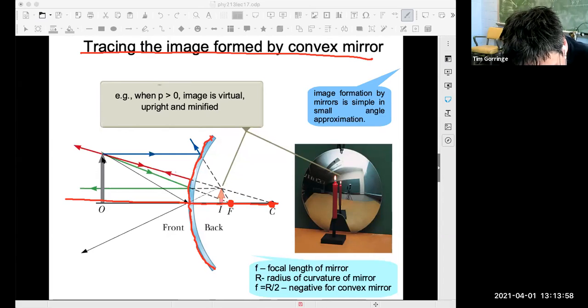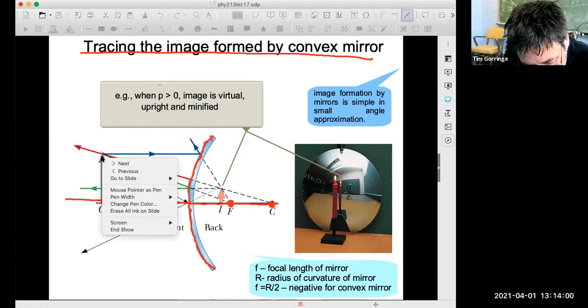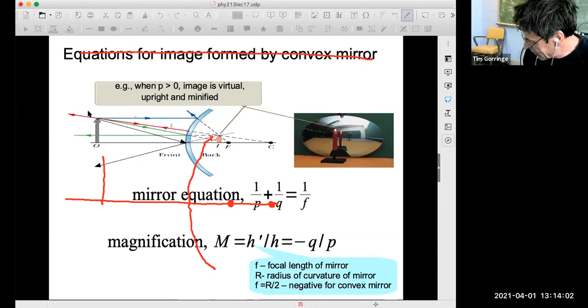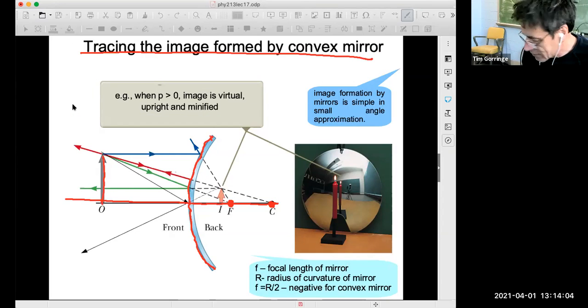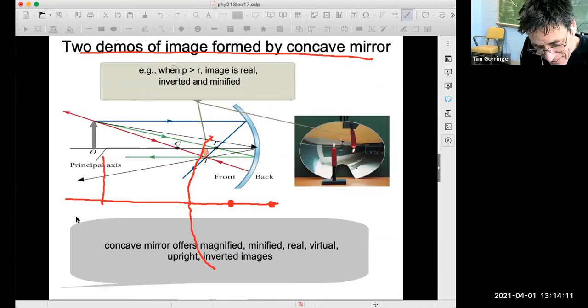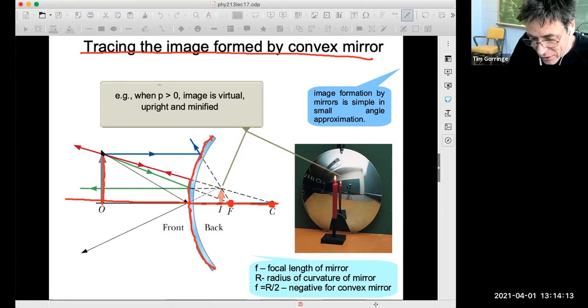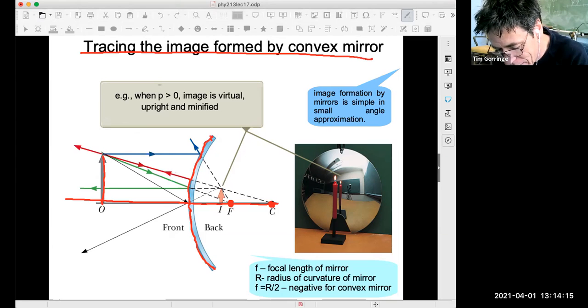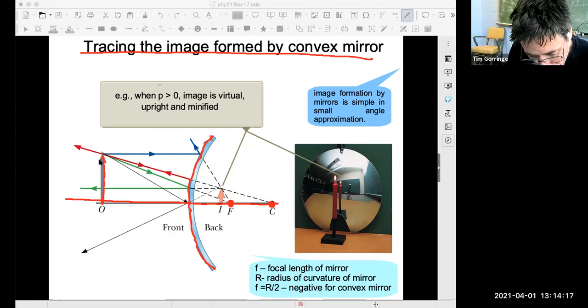Then I've got the object. It could be the tree, or it could be you, could be me, could be anything.